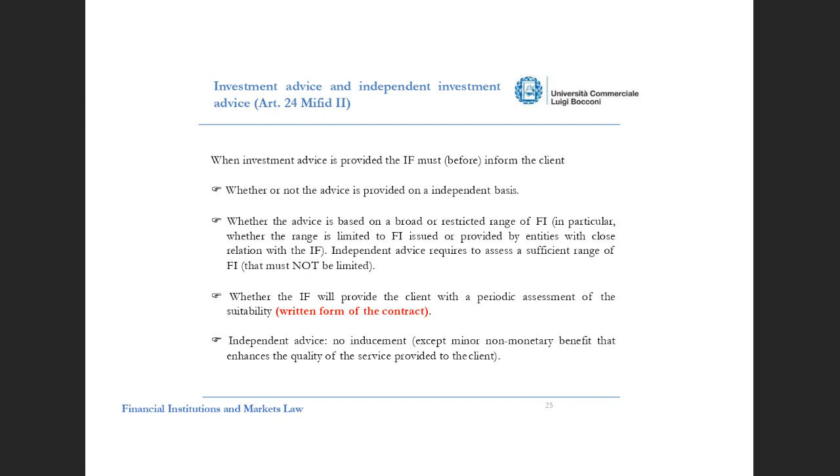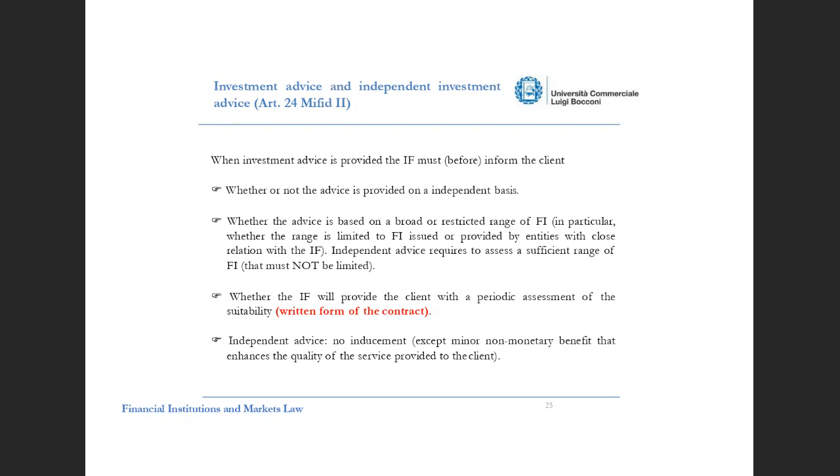Another example I can give you is when the advisor gets commissions, gets paid by the product companies, and these would be called inducements. He receives inducements from the product companies that might lead him to recommend one product instead of another, because on that product he gets commissions, but on the other product he doesn't.